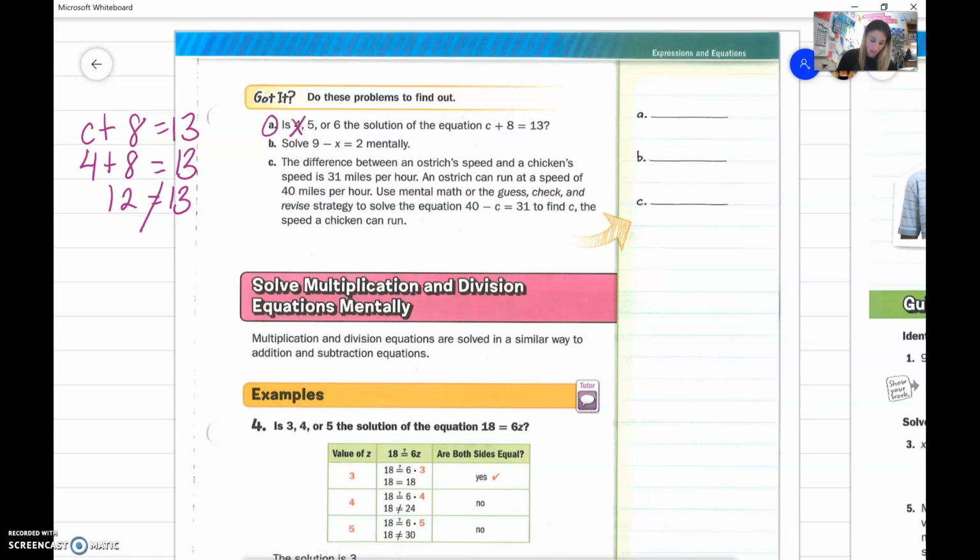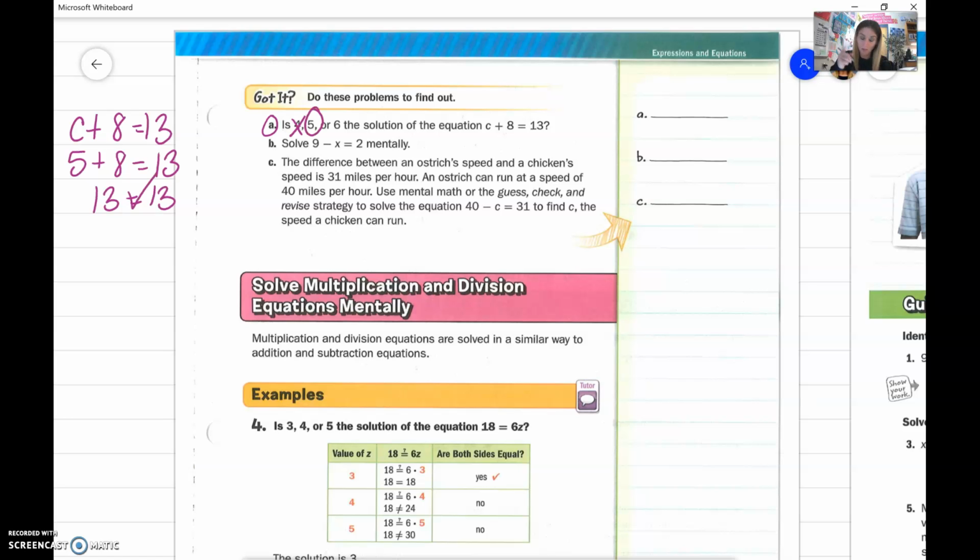Now I'm going to try 5. Okay, I'm going to erase this and come back here just because I'm running out of room. C plus 8 equals 13. I'm going to replace my variable with 5. 5 plus 8 equals 13. What is 5 plus 8? It is 13. Does 13 equal 13? Check.